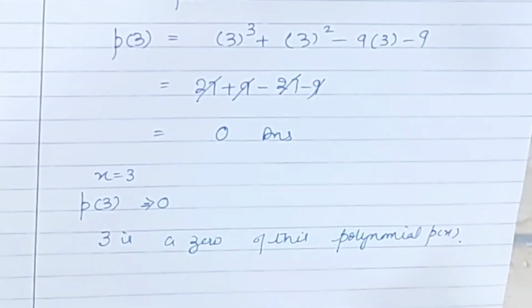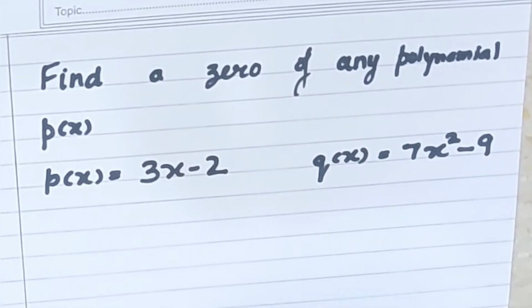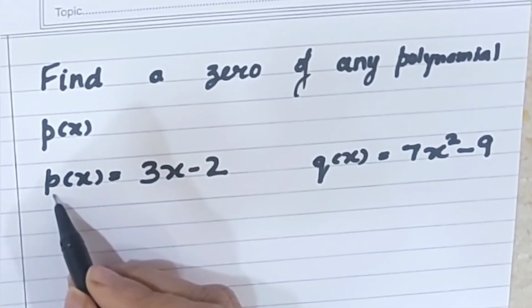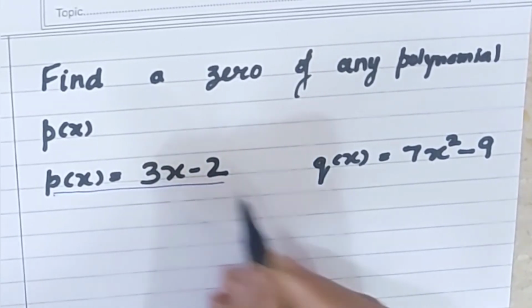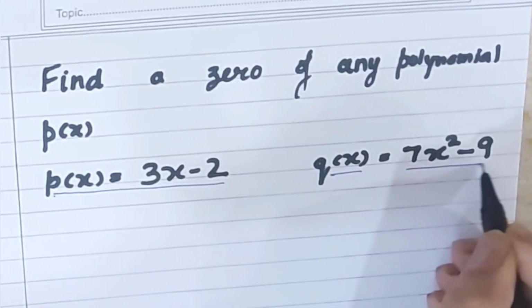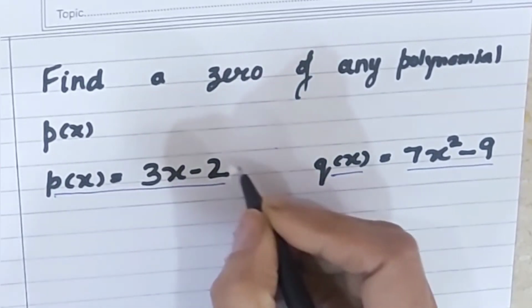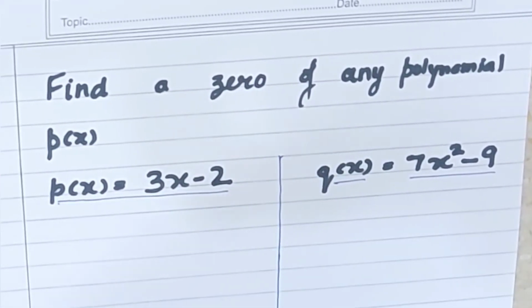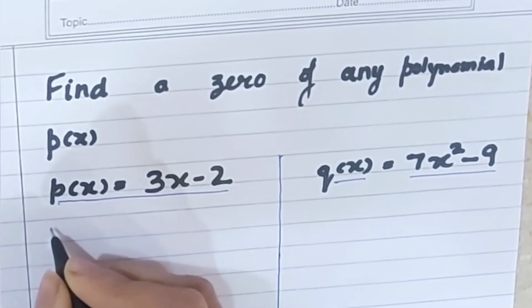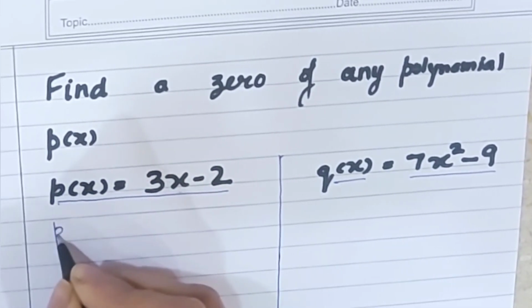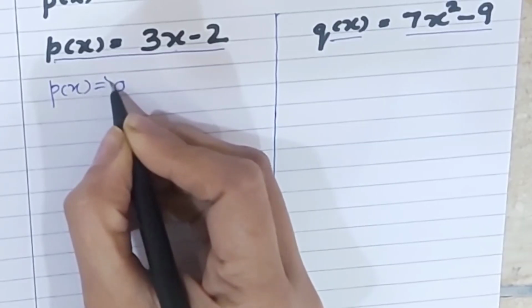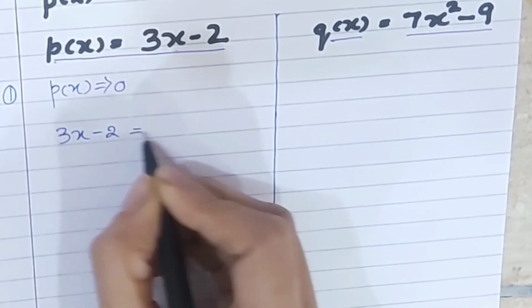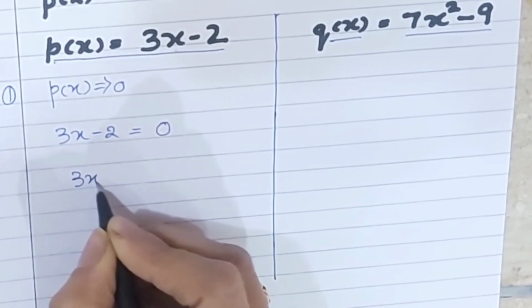Now let's see how to find the zero of a polynomial if the value of x is not given to us. Suppose we have p(x) is equal to 3x minus 2 and k(x) is equal to x square minus a. These are two questions. First of all, we'll solve the first one. First of all, we find the value of x by putting p(x) is equal to 0. Right. So if we put 3x minus 2 is equal to 0, we get 3x is equal to 2.